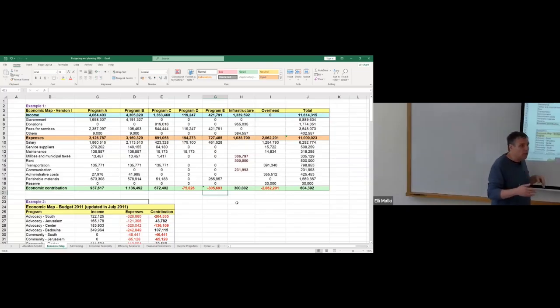And again, if we use the example of the community center, community centers usually have programs which can fall under the definition of a country club, right? They have a pool, they have a gym, they have all that. These are programs that from the point of view of the directors are not very important for their social goals, but they subsidize the other programs which are more important for the social goals and may have negative economic contribution.